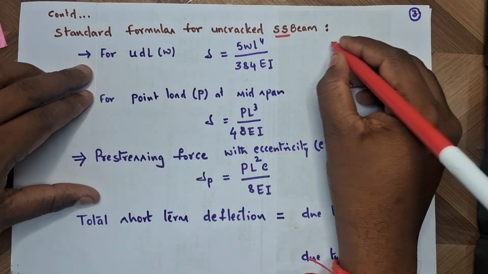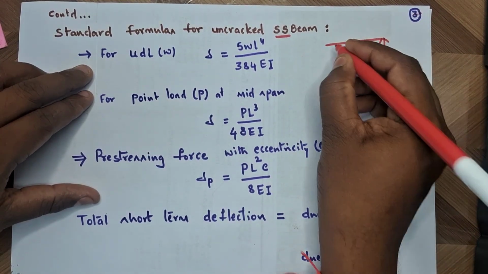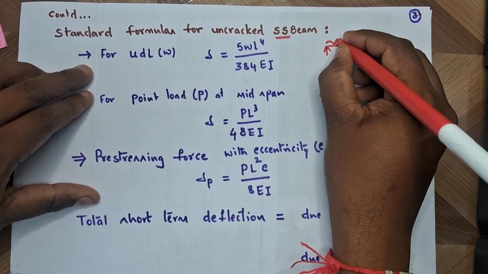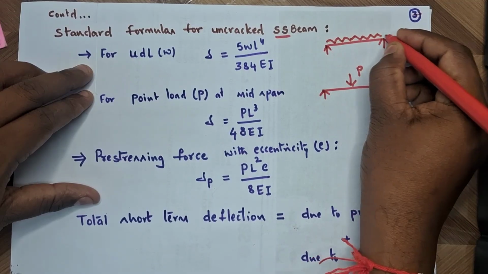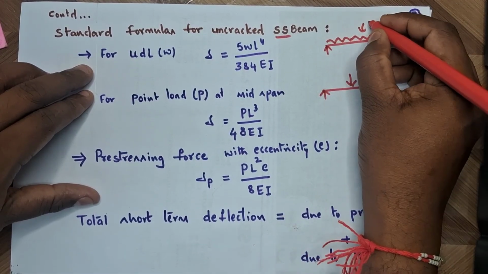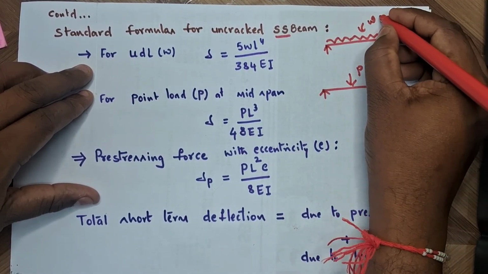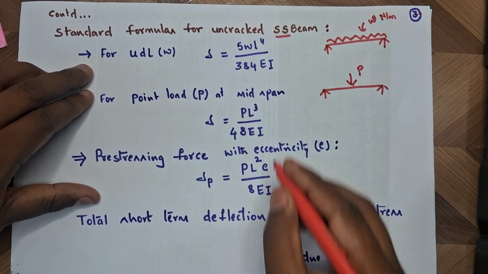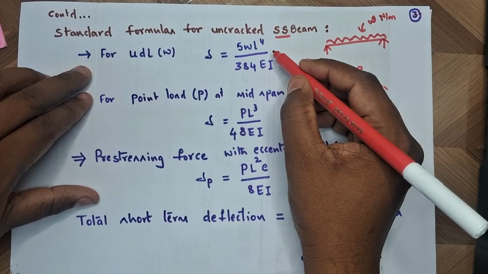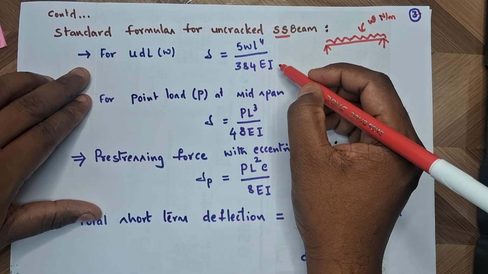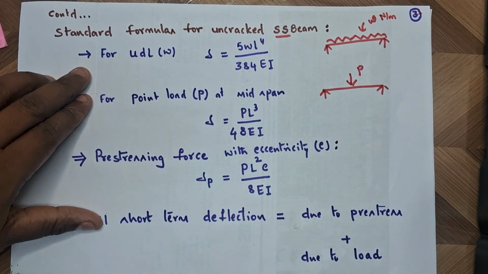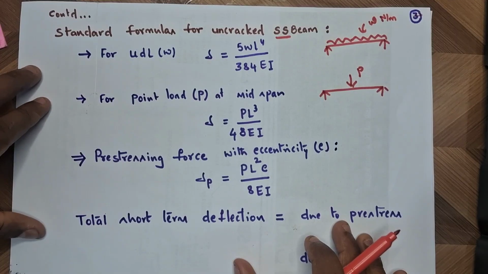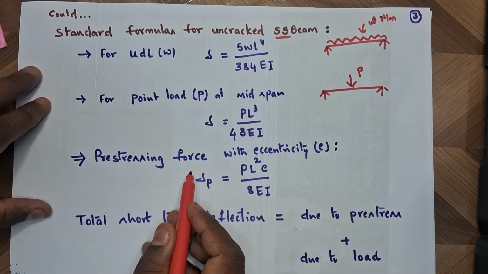Next, in the above case, the simply supported beam is subjected to UDL of W kilonewton per meter length. Then your deflection will be 5WL power of 4 by 384EI. Now coming to prestressing force.